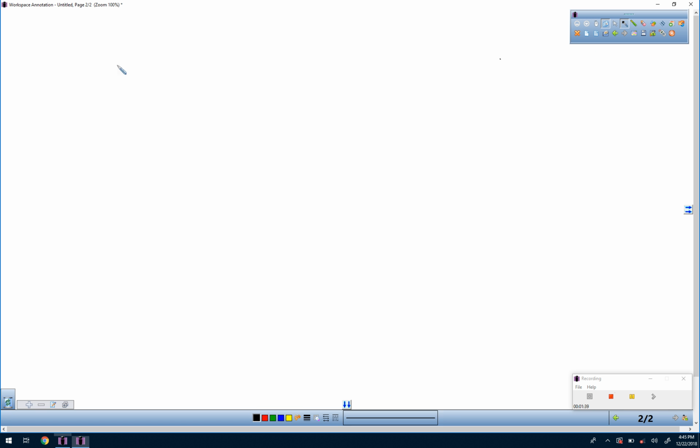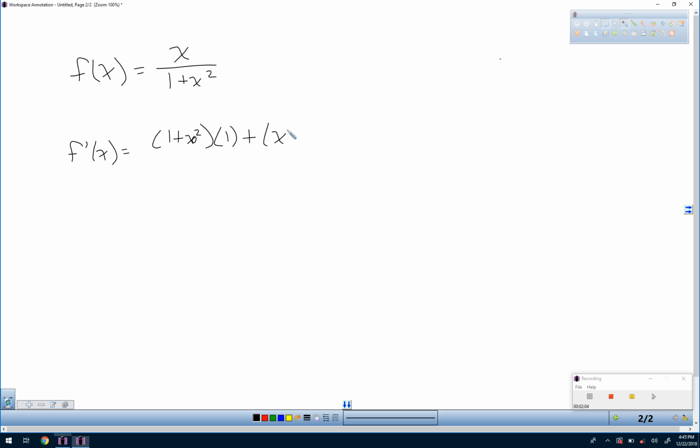So let's look at another example. Let's say I gave you the function x over 1 plus x squared. The derivative of this would be low, so 1 plus x squared, times the derivative of high, low d high, so the derivative of x would just be 1, plus high d low, and the derivative of 1 plus x squared would just be 2x, all over low squared.